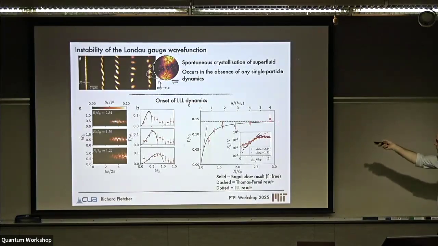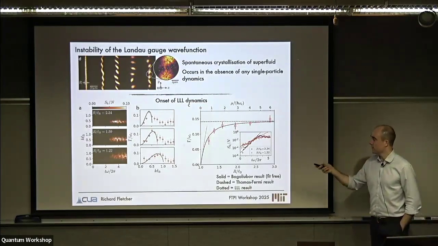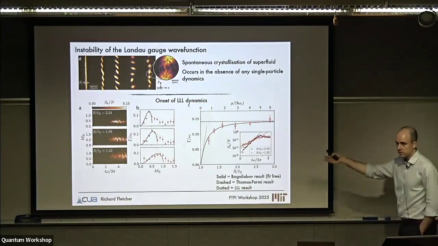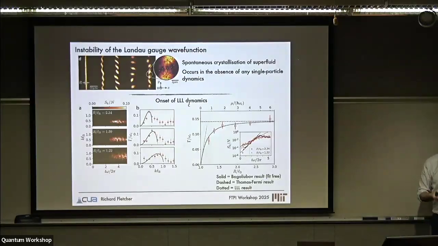But as it becomes of order unity, you see a regime where instead this fragmentation rate becomes set purely by the chemical potential. And this is sort of a smoking gun that you are entering the lowest lambda level. You're in a single flat band. The only energy scale you have is interactions. And so any dynamics that happens must be set by the interaction strength. It's the only way you can construct a timescale.